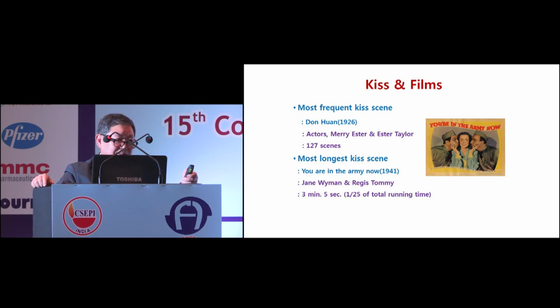In this film, 127 kiss scenes were shown. Until now, the longest kiss scene is in You Are in the Army Now. They showed a kiss lasting 3 minutes 5 seconds. That is 1/25 of the total running time.